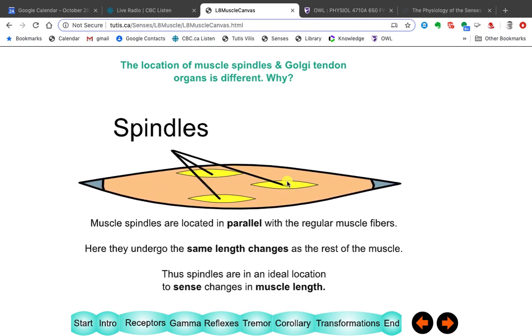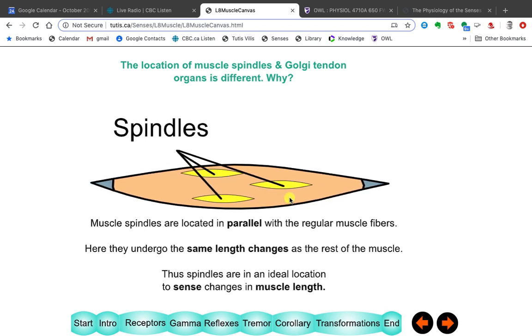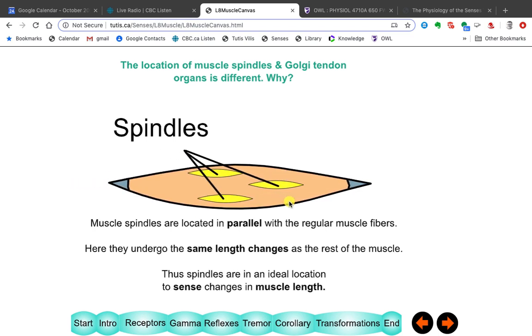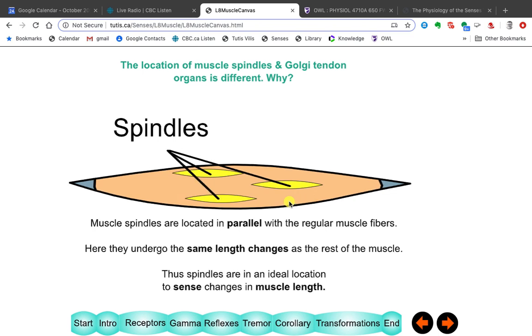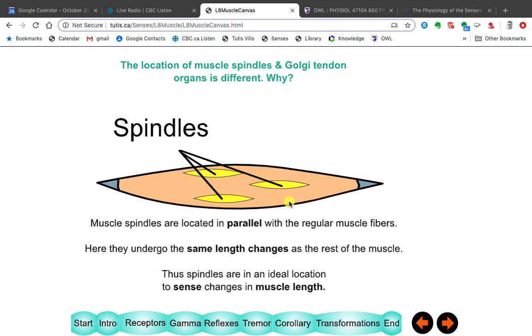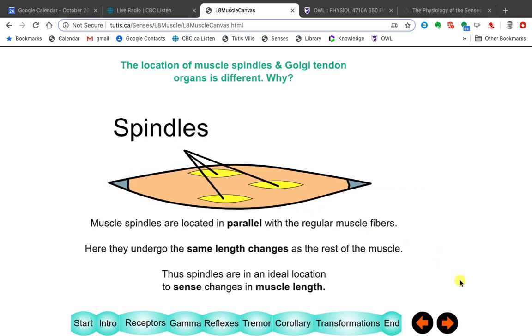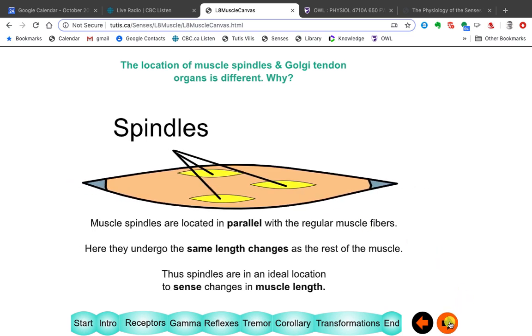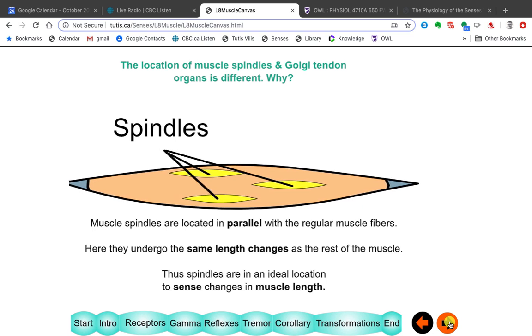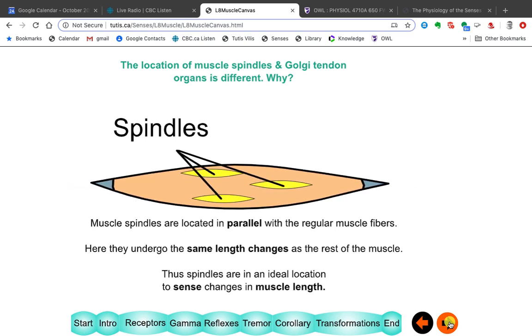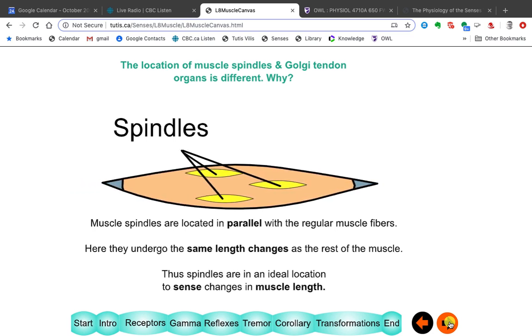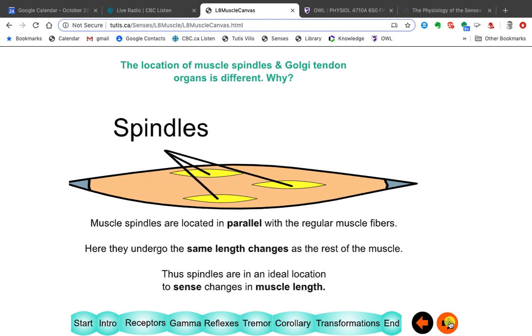So the spindle is surrounded by muscle fibers on either side. So they're in parallel with each other. So this makes it ideal for measuring what the muscle length is and how fast it's being contracted. And from that, the brain can figure out what the position of the joint that it's attached to is.